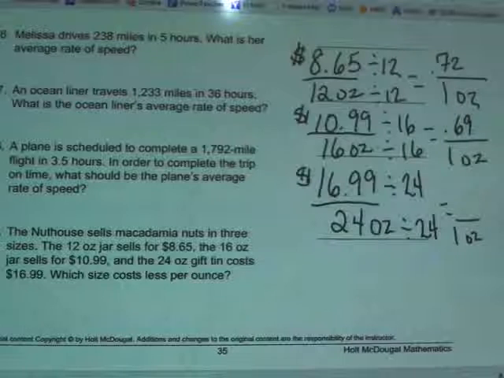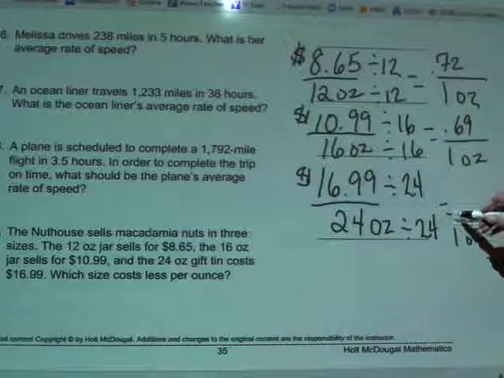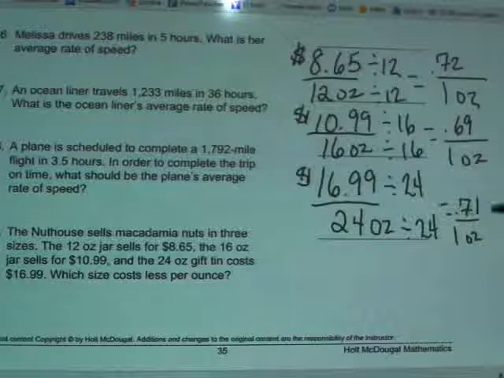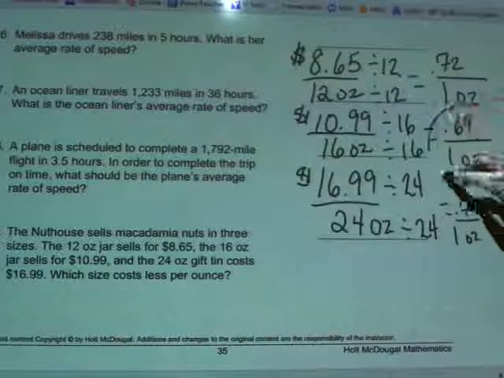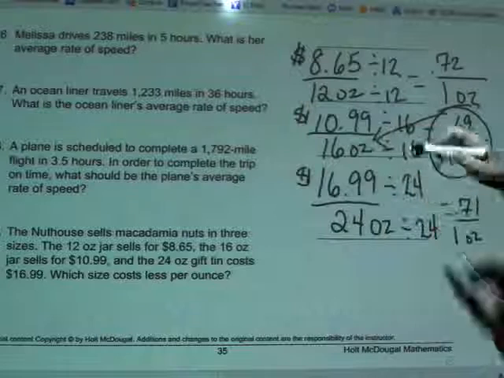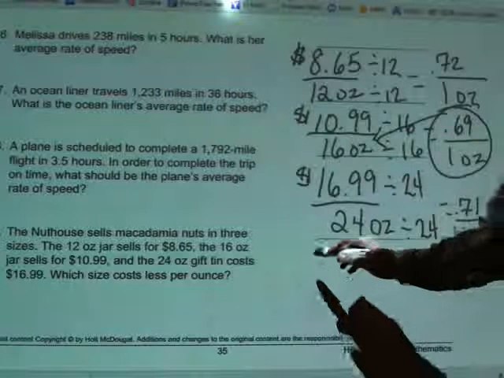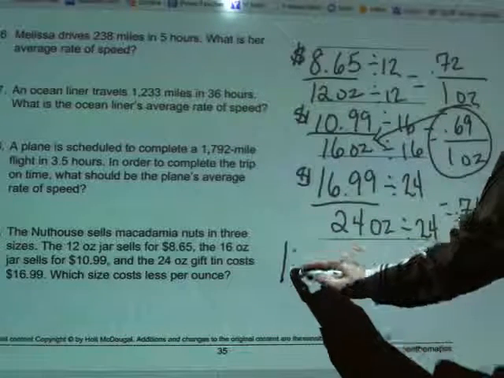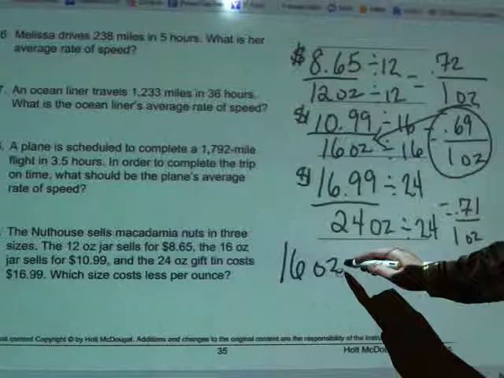And when I come down to this last one, $16.99 divided by 24, I find out that I'm paying 0.7079, or about 71 cents an ounce. So if we're asking which one I'm paying less for, the smallest amount comes in right here, which started off as 16 ounces. So which size costs less per ounce? The 16-ounce jar.